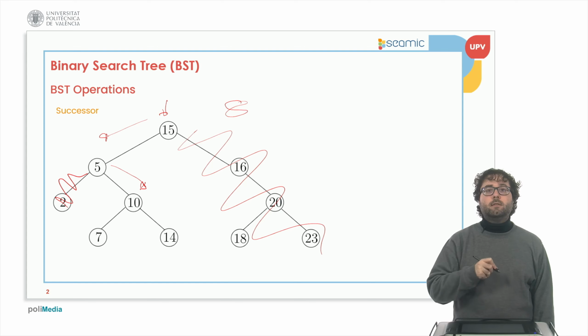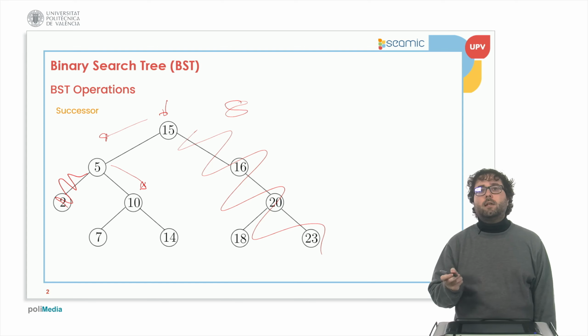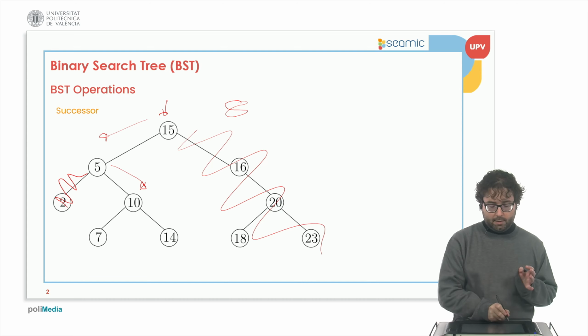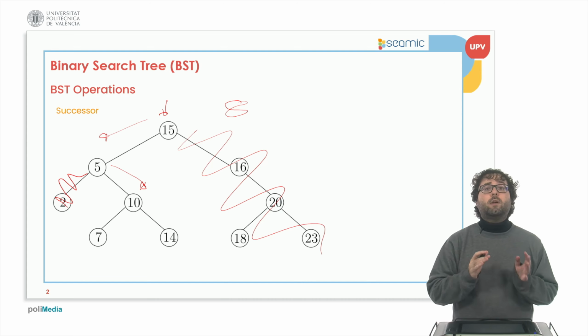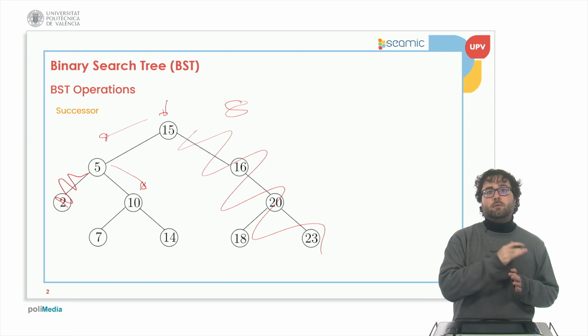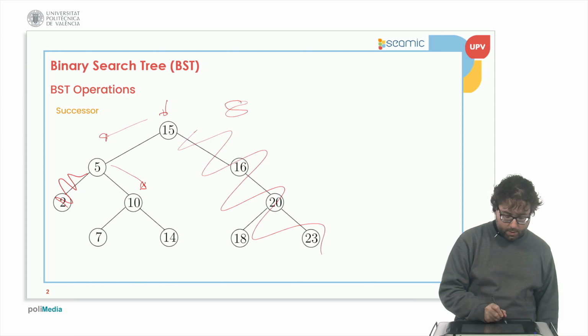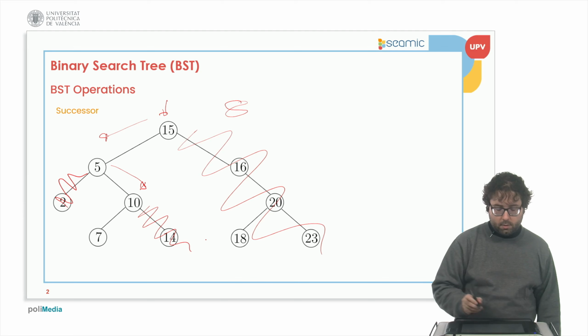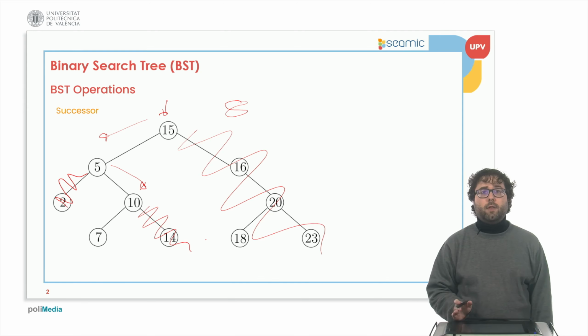Now this number is bigger than 8, so this means two things: this could potentially be the number we are looking for, the successor of 8, or we might still need to go down the tree. But in any case, this subtree is also done.